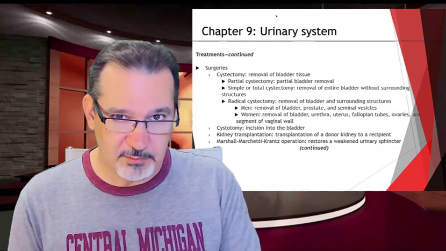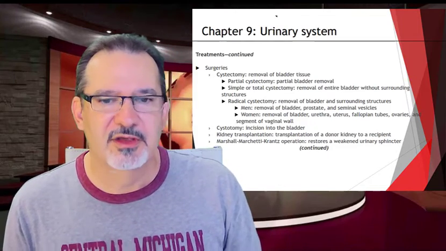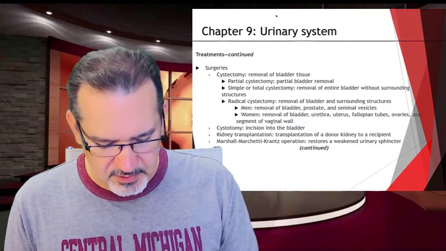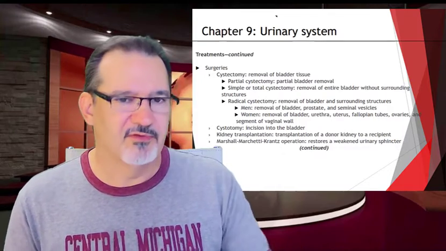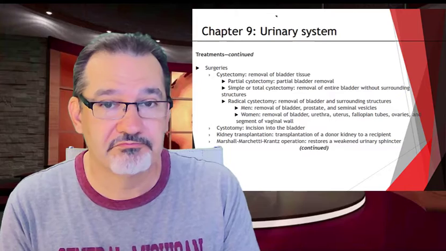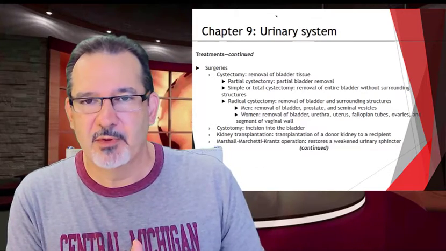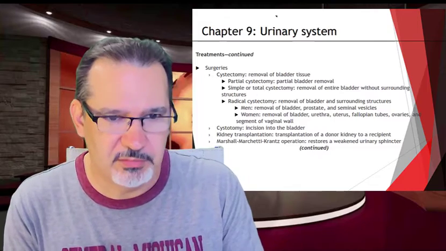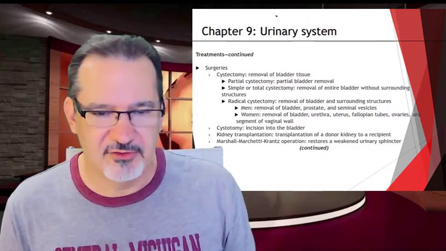Cystectomy, removal of the bladder or bladder tissue, partial cystectomies, same thing, removal of part of the bladder. We would do this maybe for bladder cancer, where maybe we have some cancerous tissue in the bladder, so we're going to do a partial cystectomy to remove that cancerous tissue.